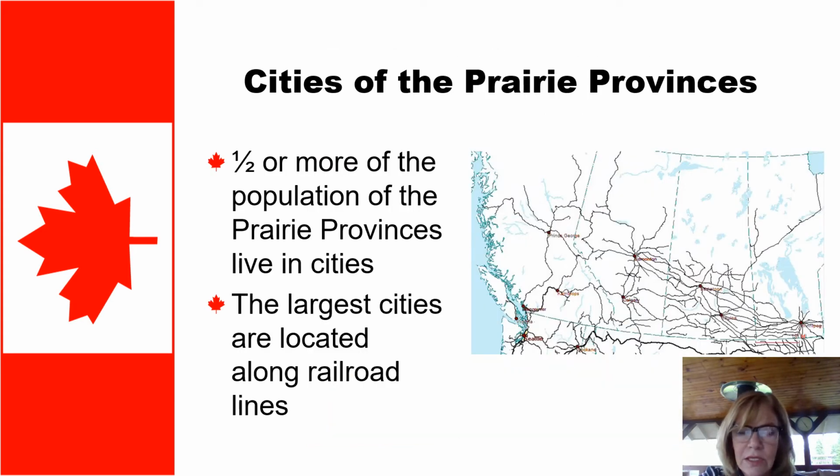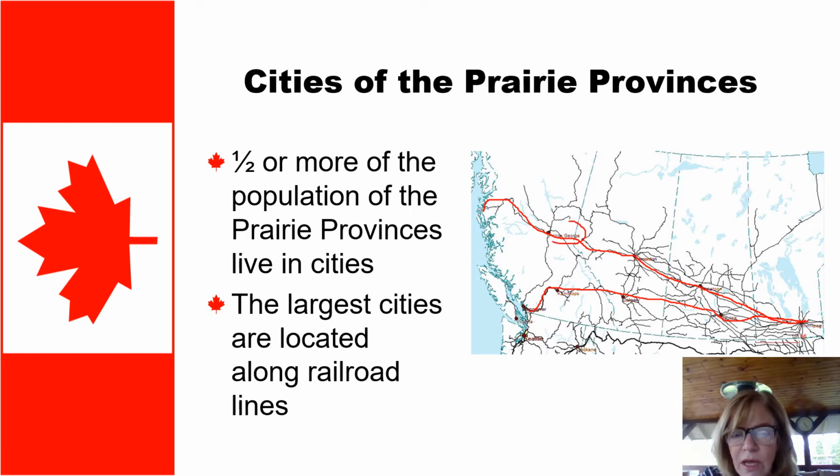Okay, so if we look at the cities, the way that they developed is along the railroad. You had a northern route that went up here and eventually went to the coast of the Pacific, and then another route that ran down through Regina and Calgary, and then eventually went to the Pacific down at Vancouver.